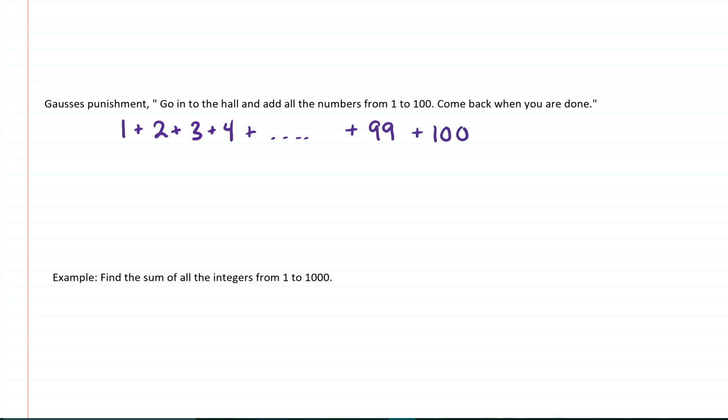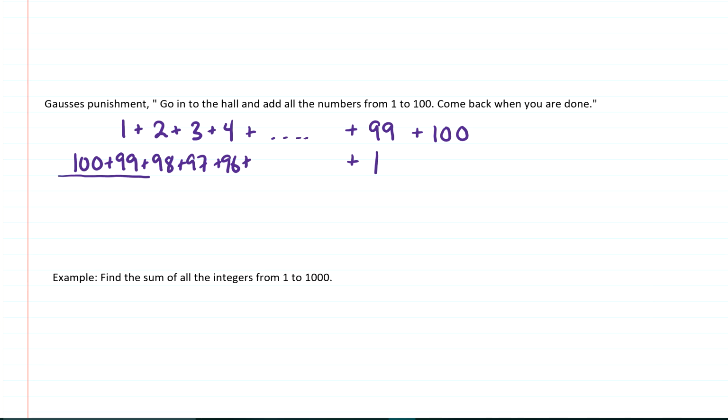Then he thought, if he reversed the pattern and counted backwards, from 100 down to 1, and staggered it this way, so 100 plus 99 plus 98 plus 97 all the way to plus 1.